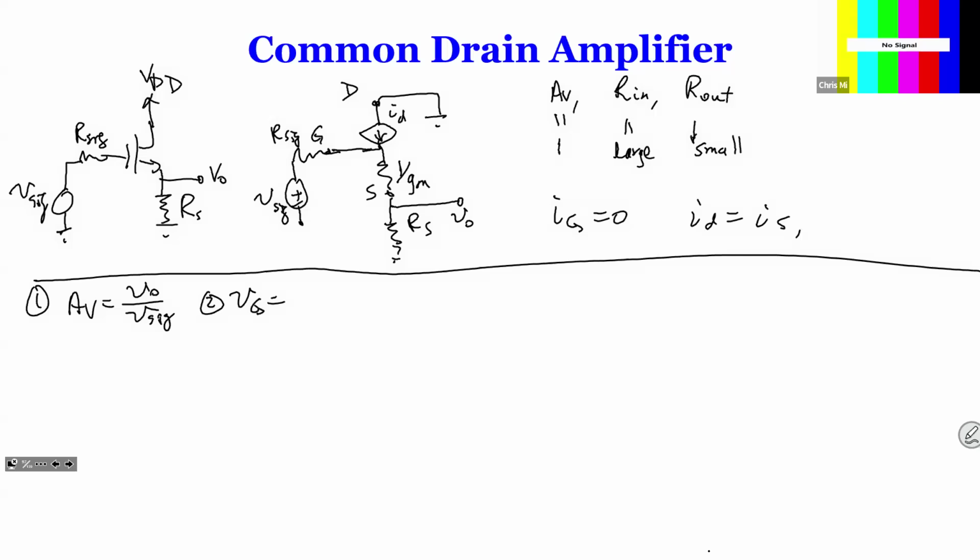Right, because there's no current, so VG is the same as VSIG. So this is very important, so VSIG. Okay, so if that's the case, can we find the current over here? Let's call it IS. So then we would be able to find IS.